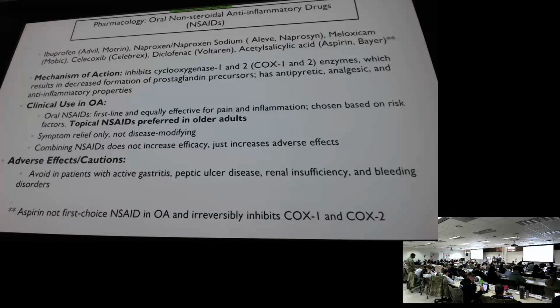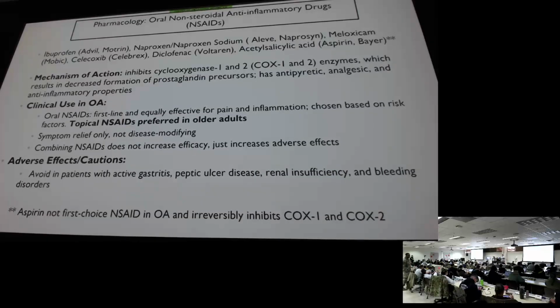So now we move into the NSAIDs. Broad class, right? Y'all have had them. I don't want to kick this dead horse again because I think you talked about them at length, not only in Pharm, but other courses. So you know the difference between the COX-1s and the COX-2s, right? The broad ones are going to inhibit COX-1 and COX-2, but if we have GI risk, right?